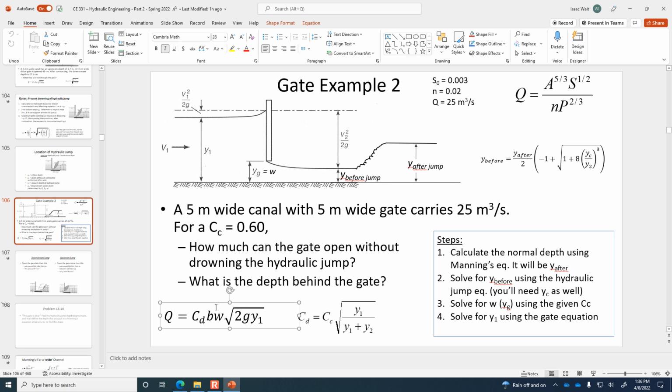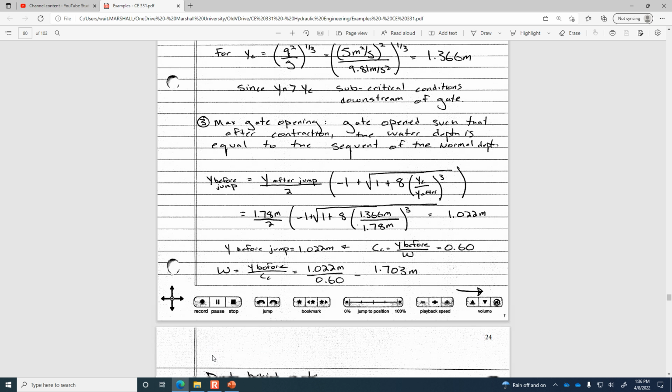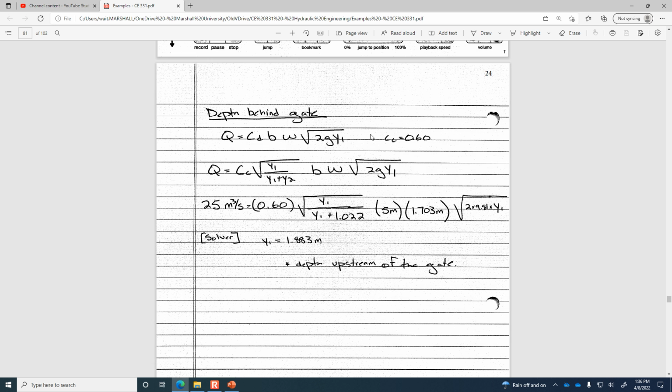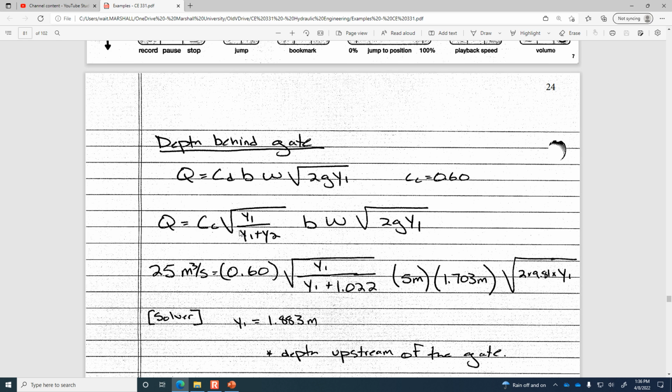We're going to be solving for y1, and it's going to be in more than one location, because it is in the coefficient of discharge term, and it's also in the square root of 2g times y1. So we'll again need to use a numerical solver or Excel in order to find out what will be the depth of the water upstream of the gate.